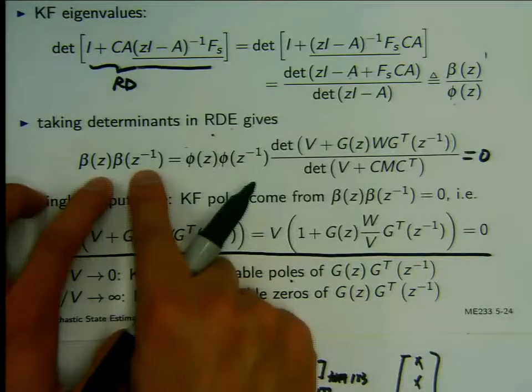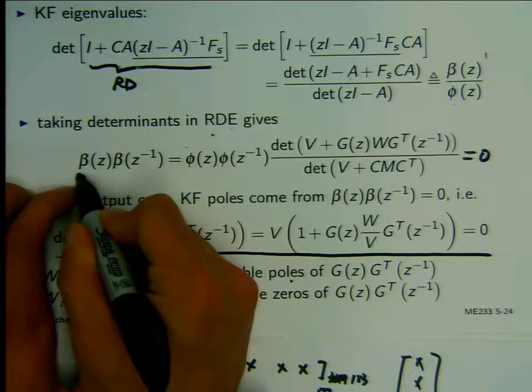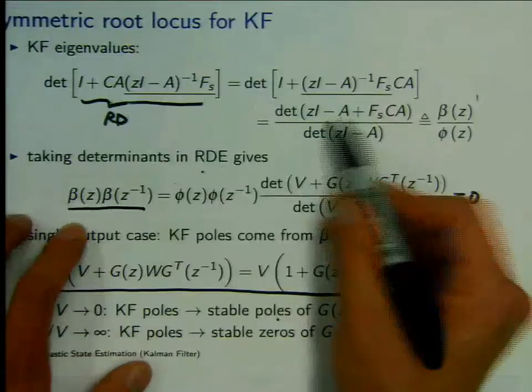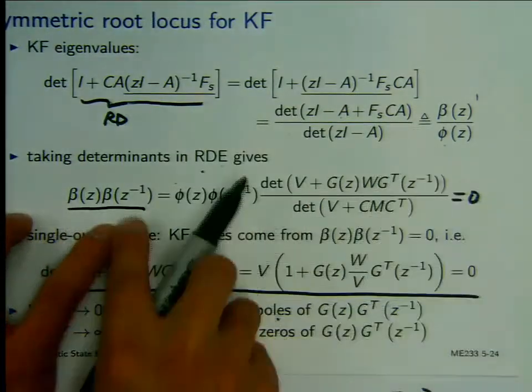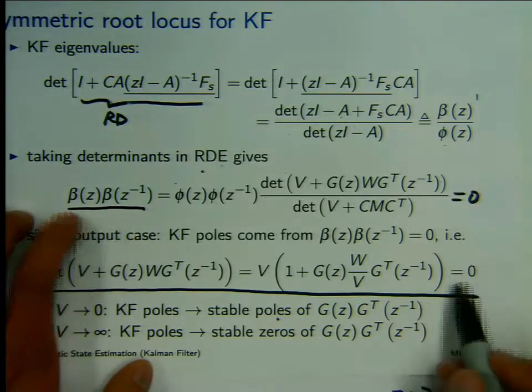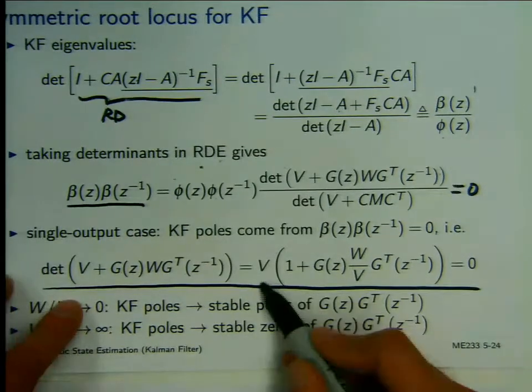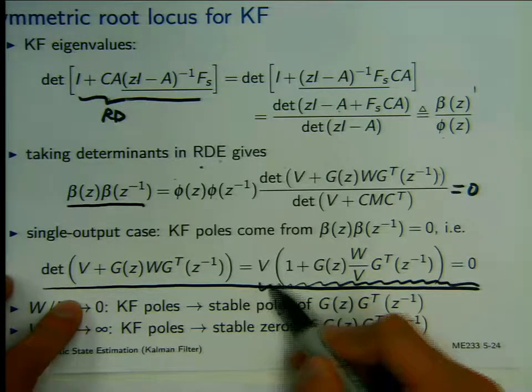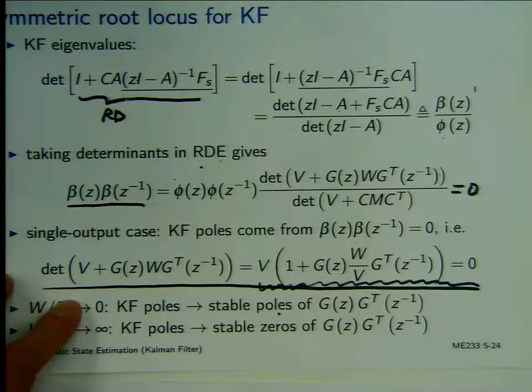If I want to know how the closed loop poles look like, this is defining the closed loop poles, closed loop eigenvalues. See here. So the closed loop eigenvalues, if I want to see how that looks like, I can simply assign this to be 0. Right?